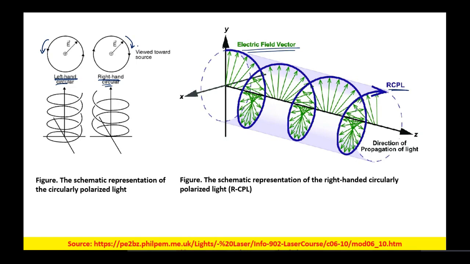If you see, the overall electrical field is moving in the clockwise direction, right? Apologies for the bad tracing of the waves. So I hope up till now it is clear to all of you what is right-handed circularly polarized light and what is left-handed circularly polarized light.